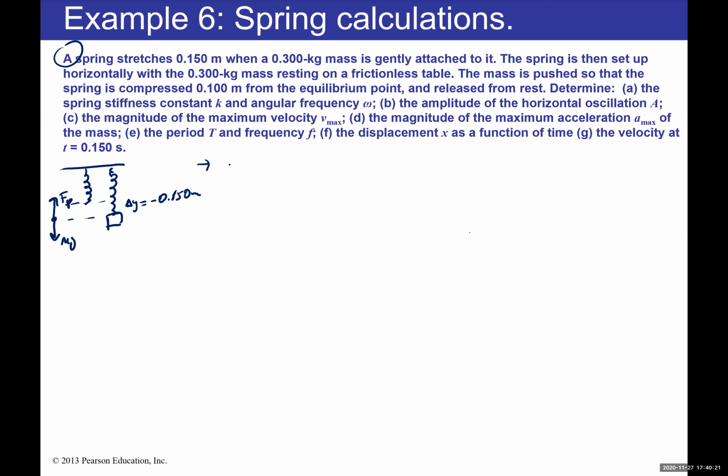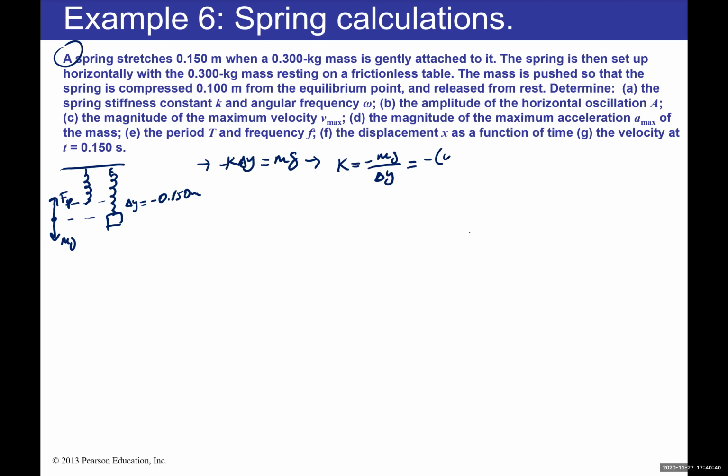Then I can say the spring force, which is negative k times delta y, is equal to the gravitational force, which is mg. Because of this, I can use it to find the spring constant: k equals negative mg over delta y.